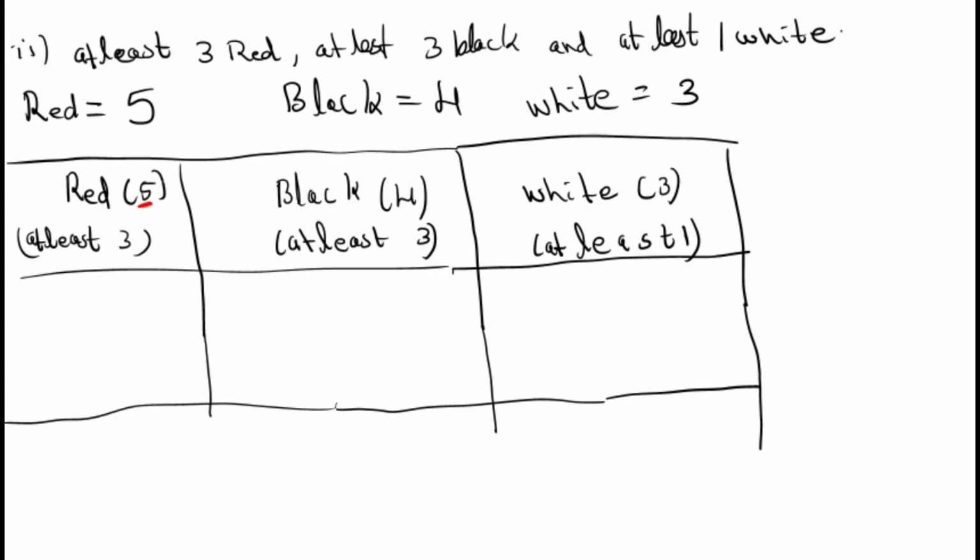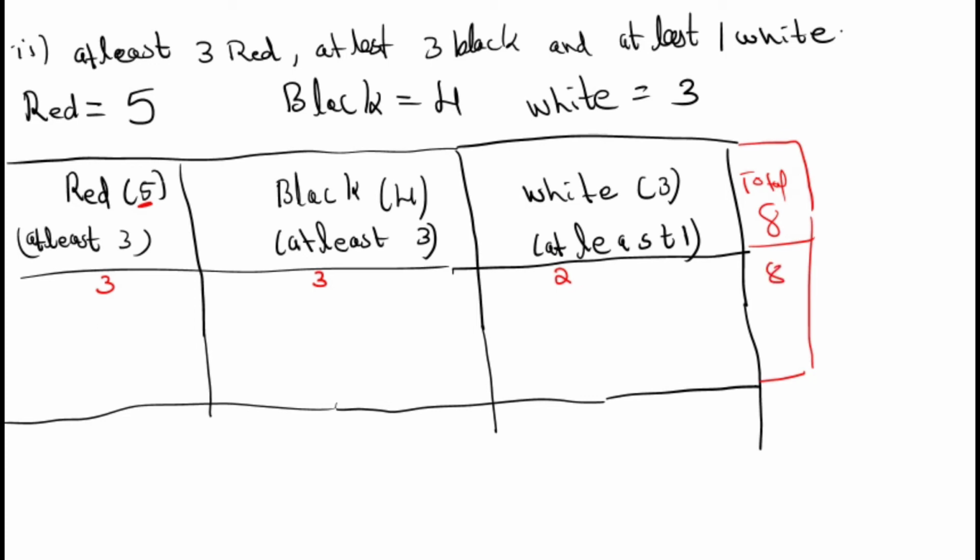Since at least is given, I'll start with 3. 3 red balls, 3 black balls, 3 plus 3 is 6. What's the total required? The question says you need to take 8 balls. Total is equal to 8. So 3 plus 3 is 6, here you need to take 2 white balls. It's possible, right? At least 1 is given, you can take 2 also. So it's equal to 8.